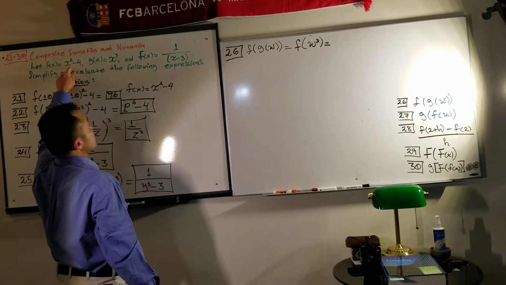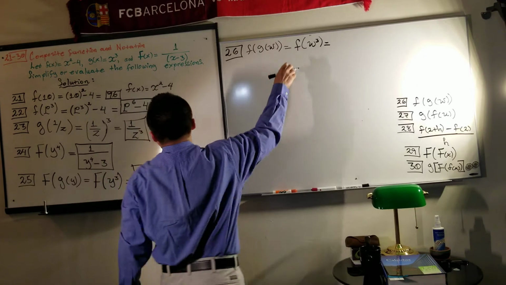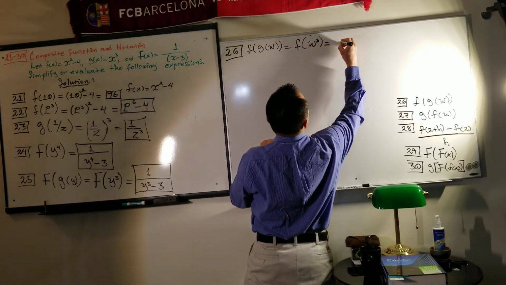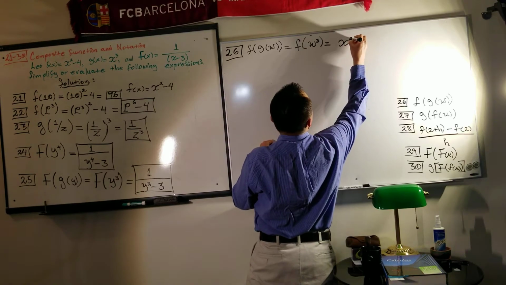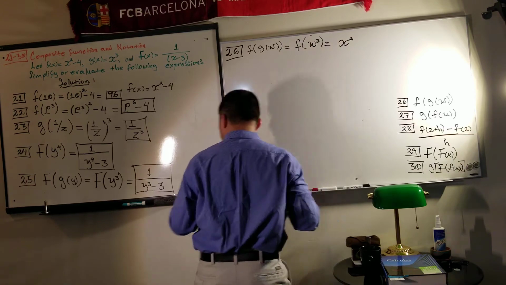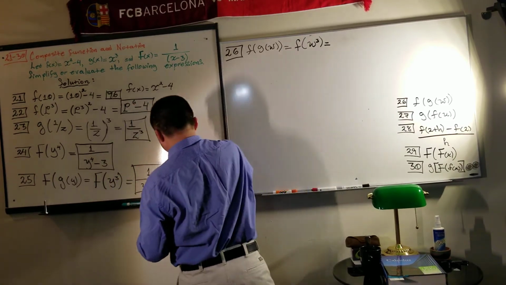F of x is equal to x squared minus 4. So f of w to the third is going to be equal to x squared. I'm sorry, it should be w in this case, because we're working with w.